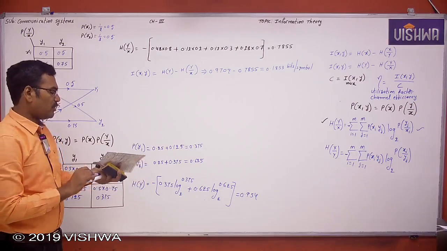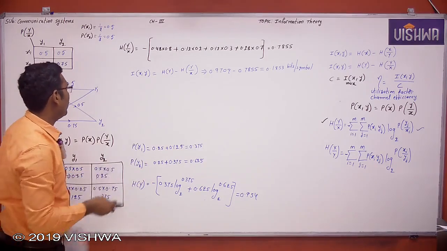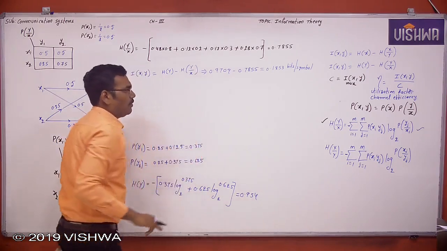For finding the mutual information, we now require H of Y by X. What is H of Y by X?